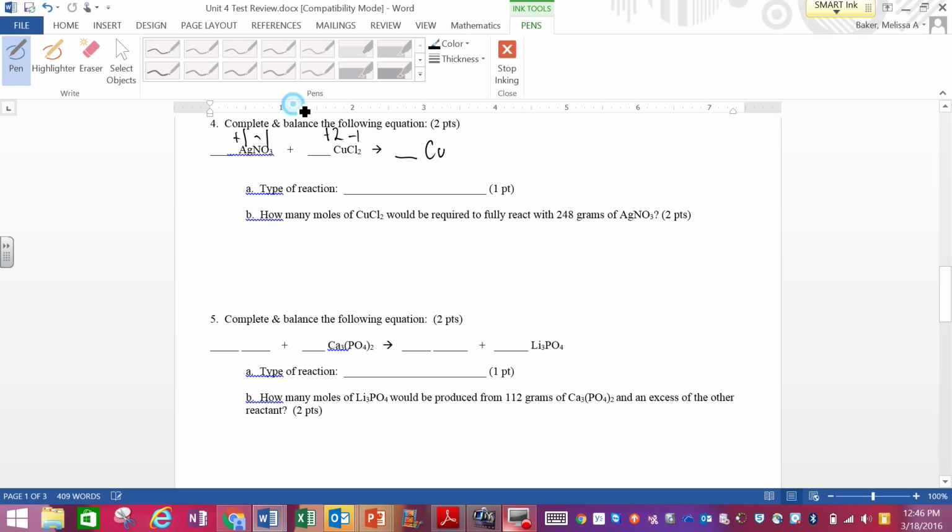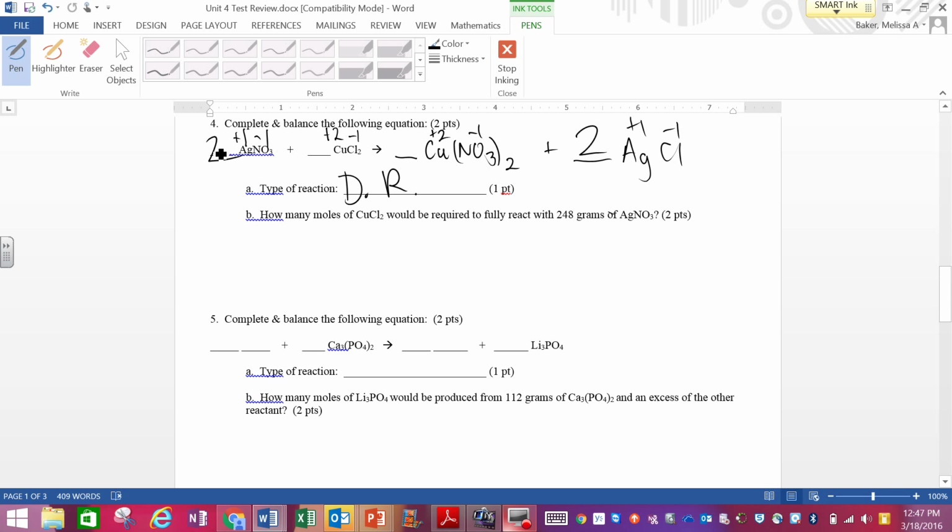So now Cu is going to be with NO3. So you'll need Cu(NO3)2. And Ag is going to be with Cl. So this is not balanced. We're going to need a 2 in front of the AgNO3 and then a 2 in front of the AgCl. What type of reaction? That is a double replacement.